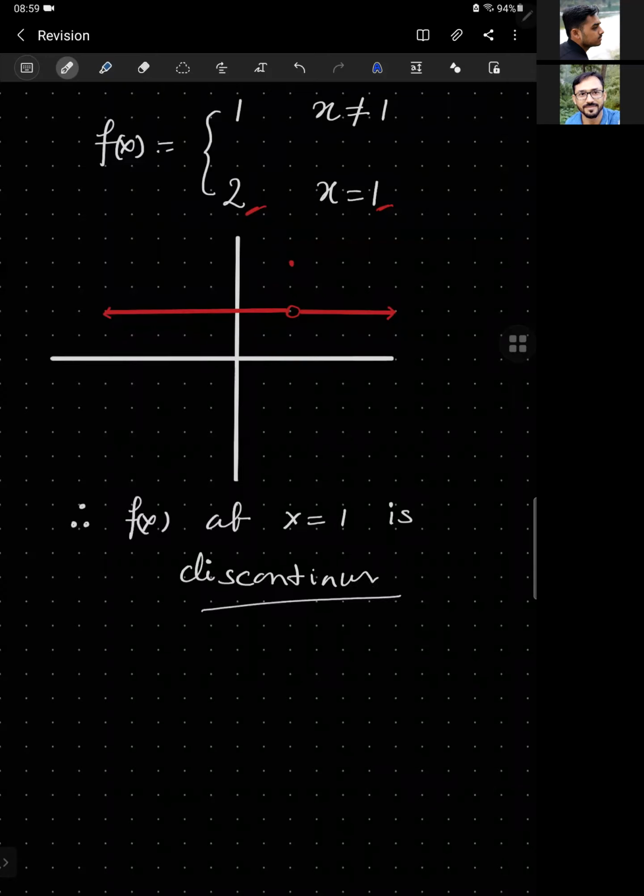So the function is discontinuous at a specific point. Rest at all the points, it is continuous.